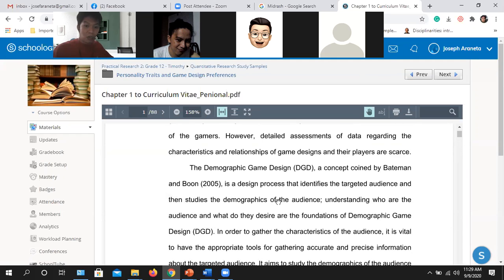So, itong game developers, they just do not develop a game based on their own imagination or based on their own preferences. But since they want to market the game that they want to develop, they need to consider the interest of their target market.